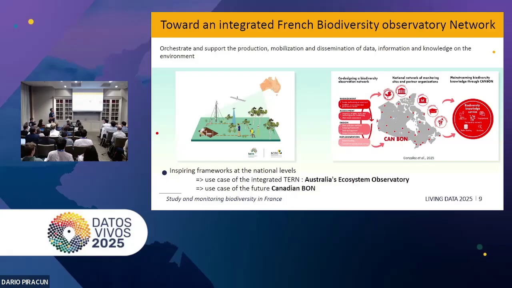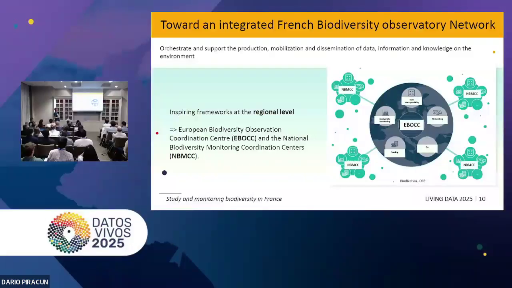We'll not go into much detail. The idea is notably to move forward in the direction where we can take example of what is being done in Canada, notably with Cameroon, and also in Australia, the Australian Biodiversity Observatory, and inspiring also a framework from the regional level.